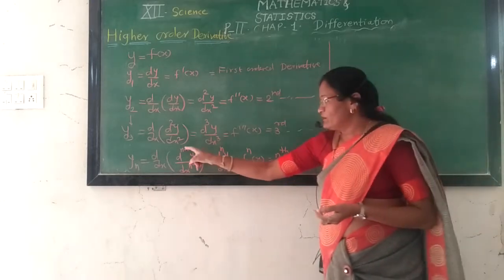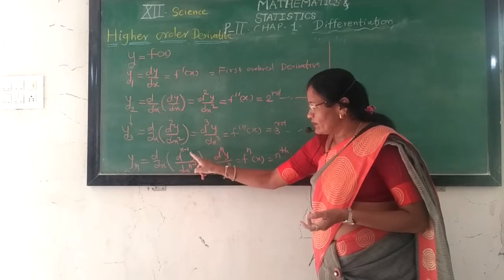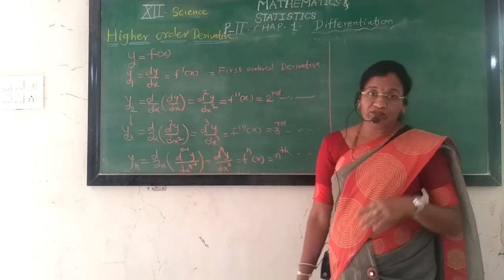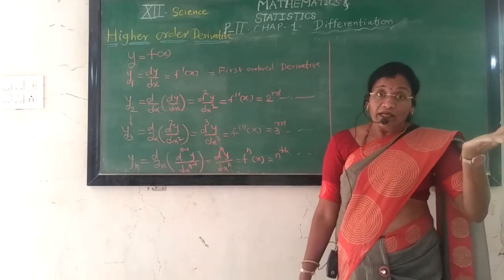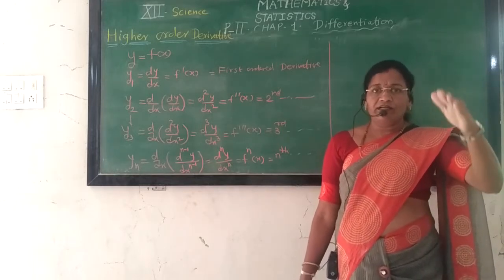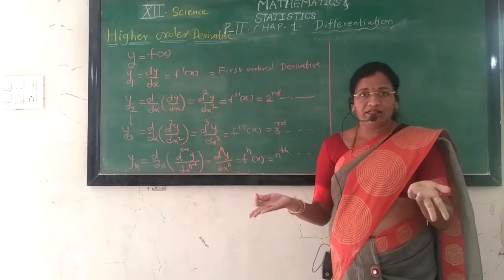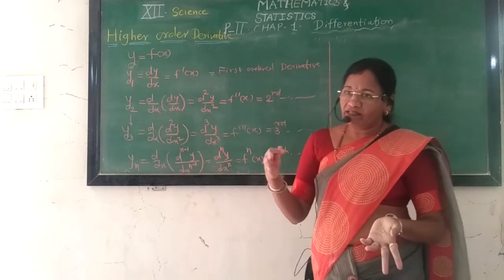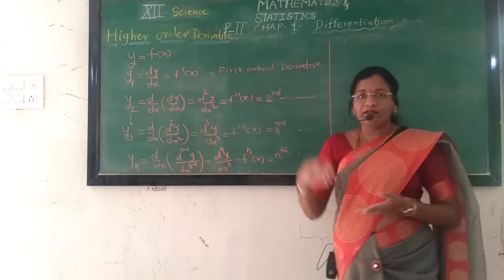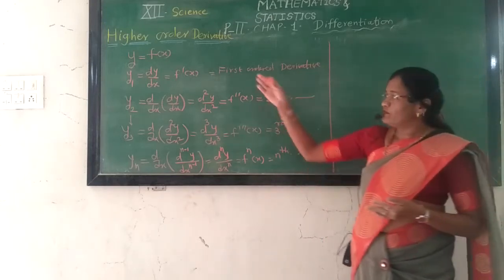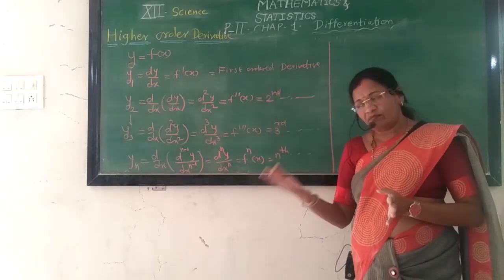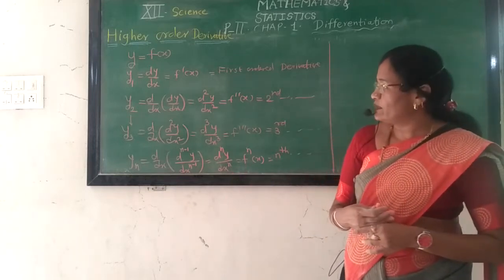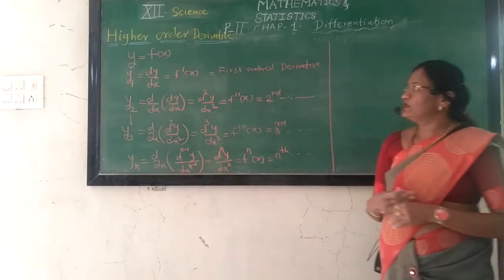So d raised to n minus 1, instead of y take here x raised to n, over dx raised to n minus 1. So differentiate x raised to n one time, two times, three times. But what is n? We can't know what number that is. But we can take successive differentiation, taking common properties from the first, second, third derivatives, and by using this we find its nth derivative. So there is room to find the derivative of nth order.